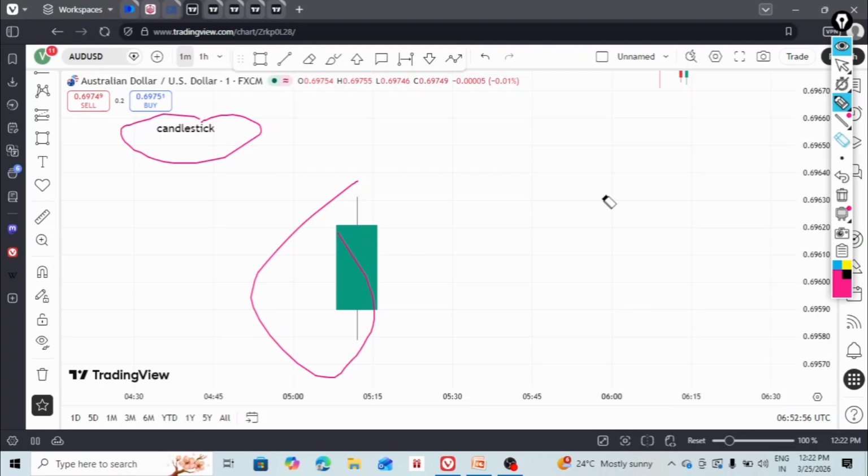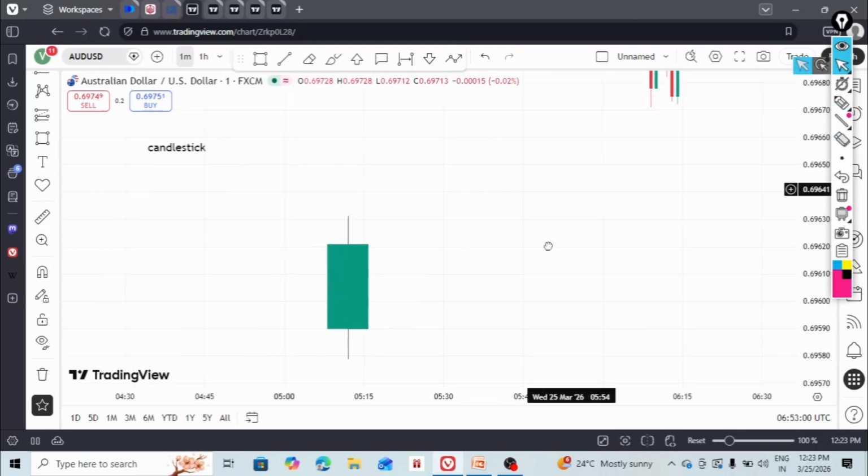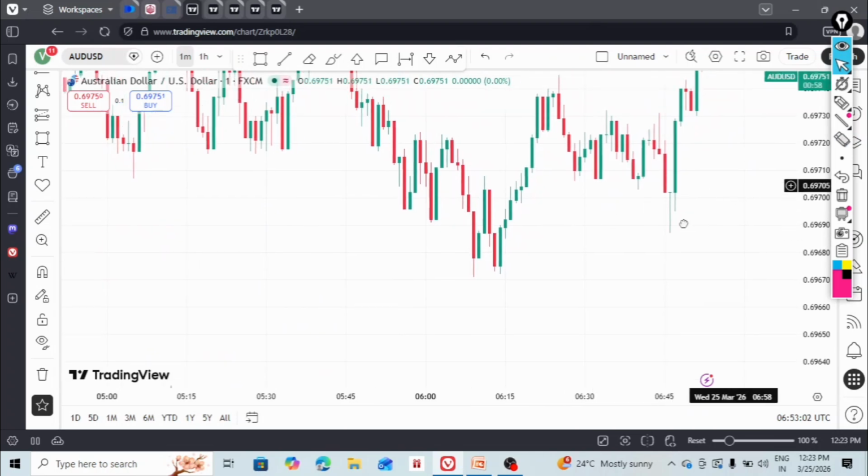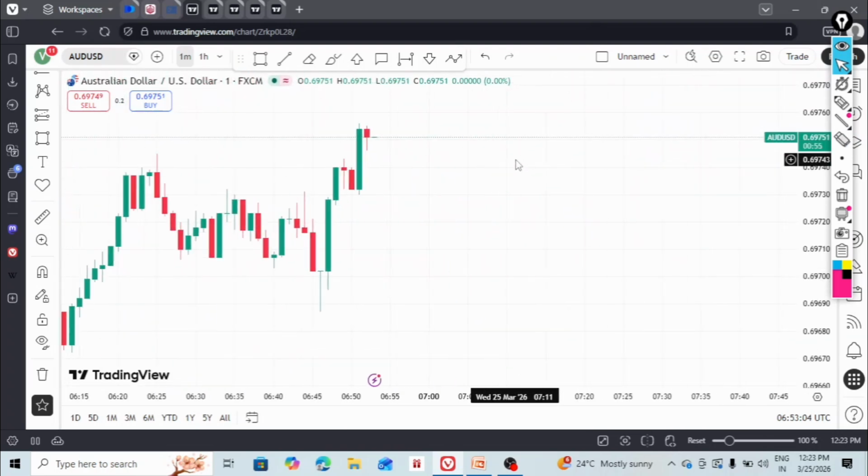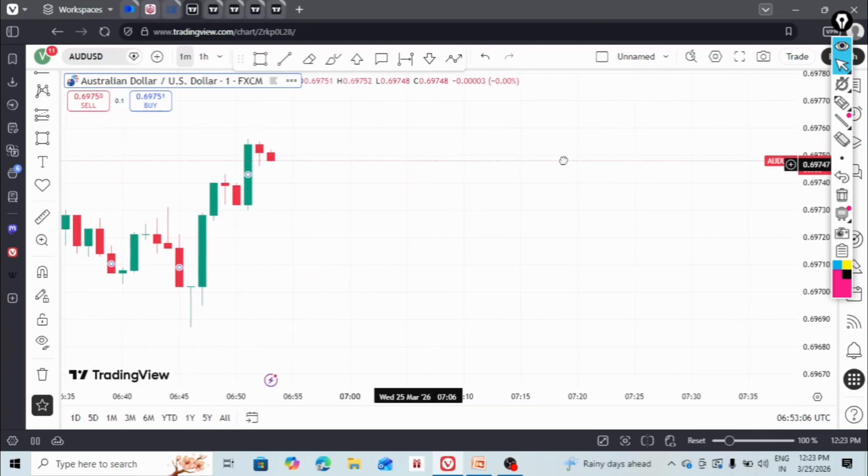So suppose if you look at the candle here, we are on the 1 minute chart right now. So the candle here represents 1 minute.